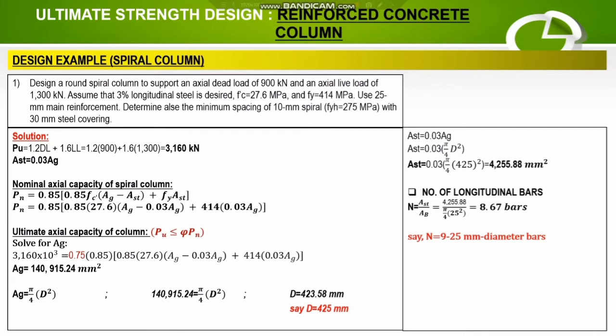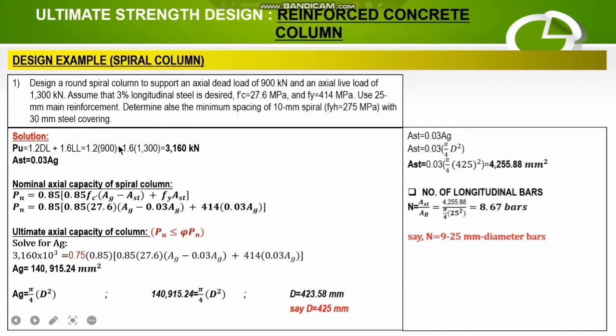Determine also the minimum spacing of 10 mm spiral with FYH equal to 275 megapascals with 30 mm steel covering. So this is a design example because we are going to design and determine the size of our cross-sectional round spiral column. And we also need to determine the number of our main longitudinal reinforcement as well as the spacing of our spirals.